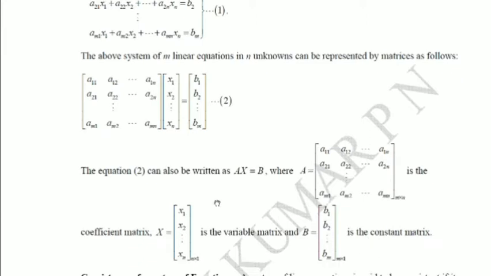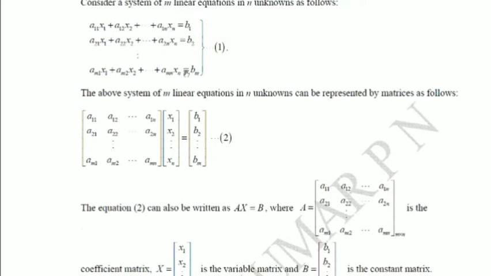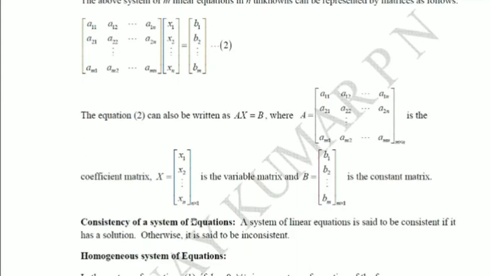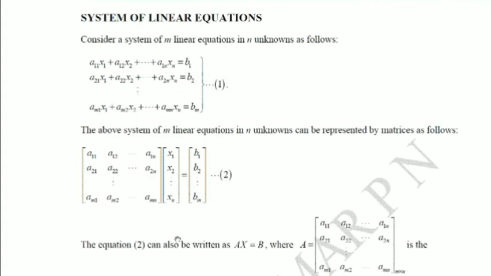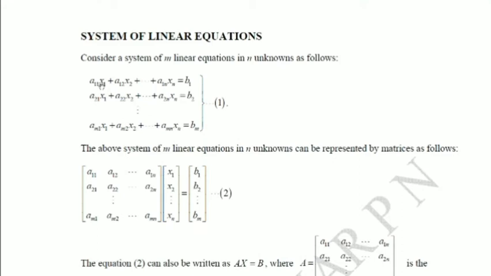Now, when will we say a system of equations like this is consistent? We say a system of linear equations is consistent provided it has a solution. Solution means a common x1, x2, etc. up to xn satisfies all the equations.